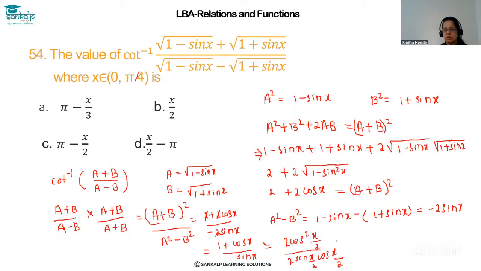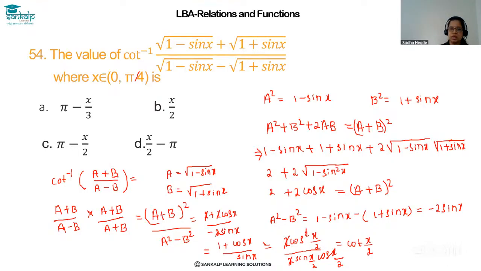Correct? So cos square and cos cancels. It is cot x by 2. Now the given expression is this. Correct? So A plus B divided by A minus B, you got it as cot x by 2.